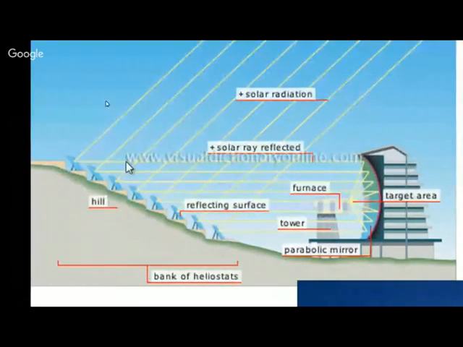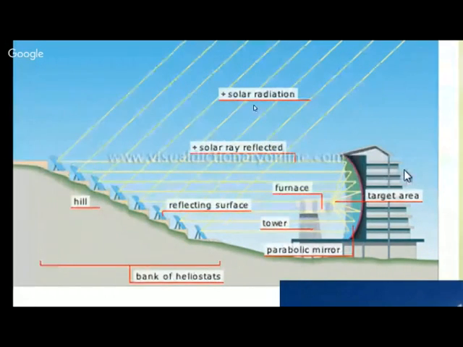When this solar radiation gets reflected and falls on it, it is targeted on a particular area, which is a furnace. There water gets boiled and steam is generated, and that steam can be used for generating electricity, or it can also be used for heating purposes.